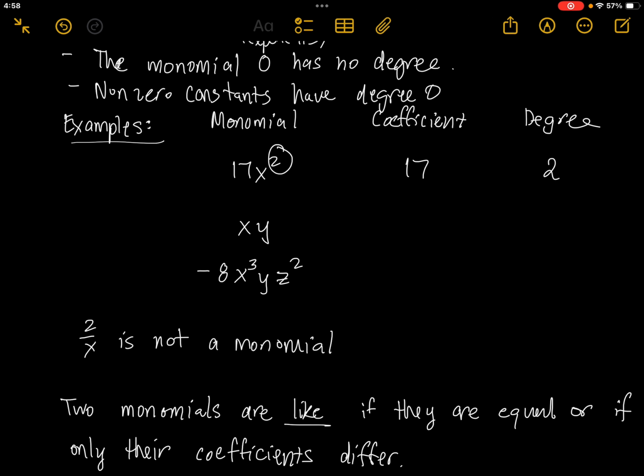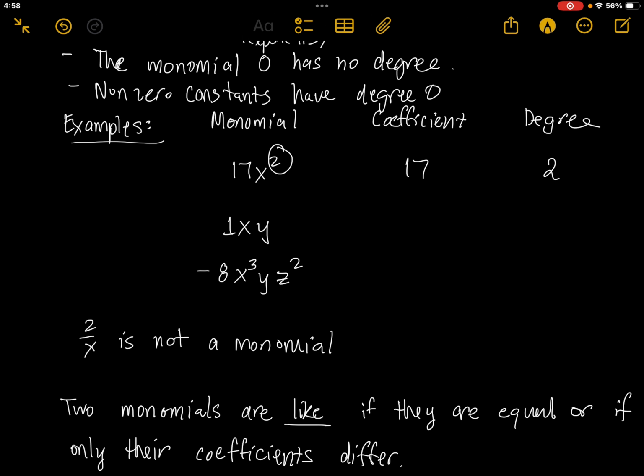Let's look at the next example, x times y. I have two variables, x and y, being multiplied. The coefficient is the number in front. I don't see a number, but it's 1 times xy, so the coefficient is 1.